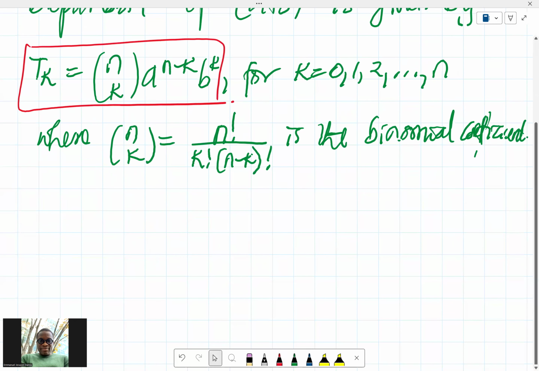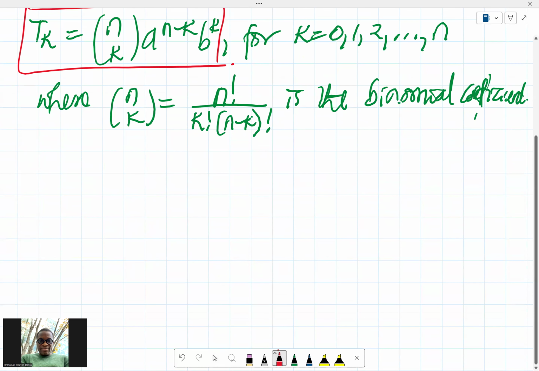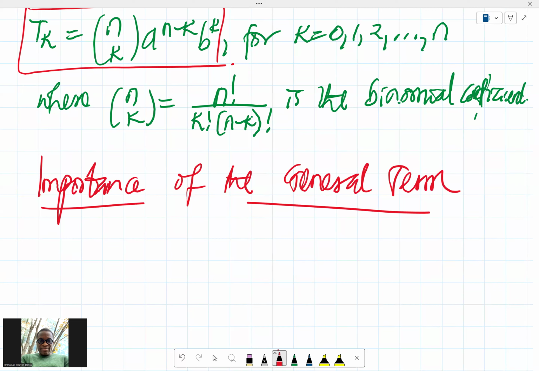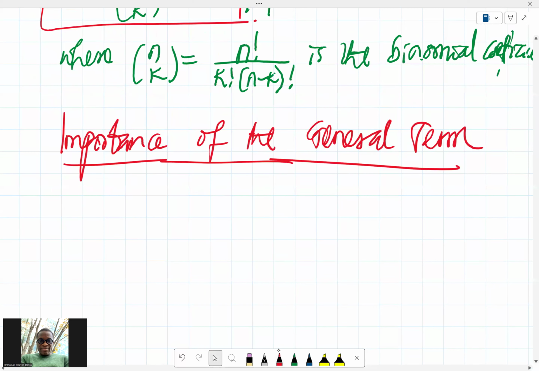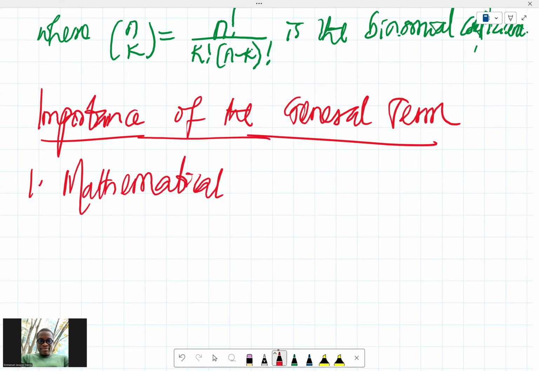But then let's talk about the importance of the general term. What can it help us do? First of all, let's look at it in the context of mathematical modeling.